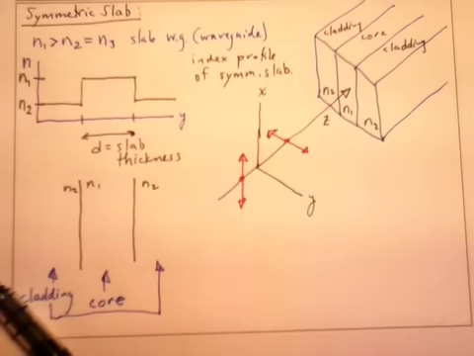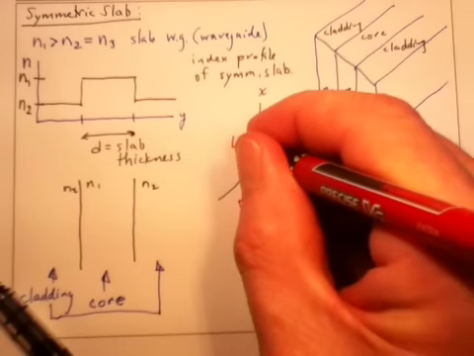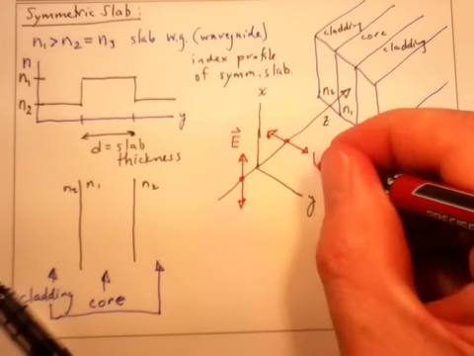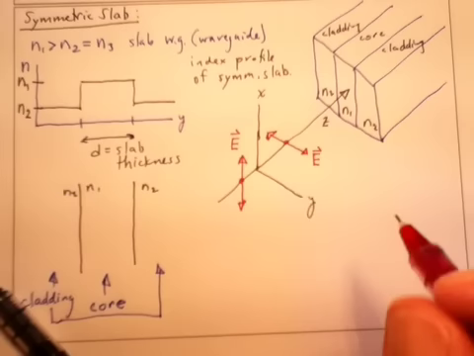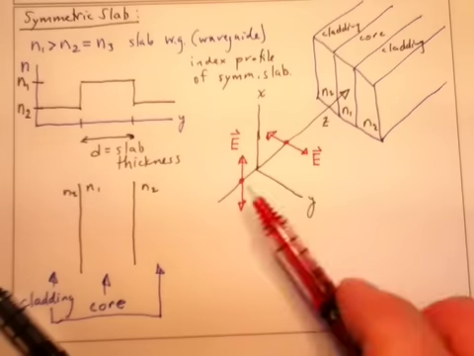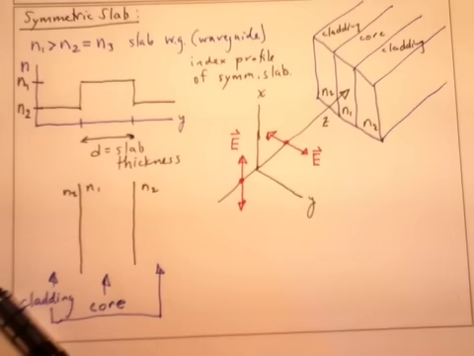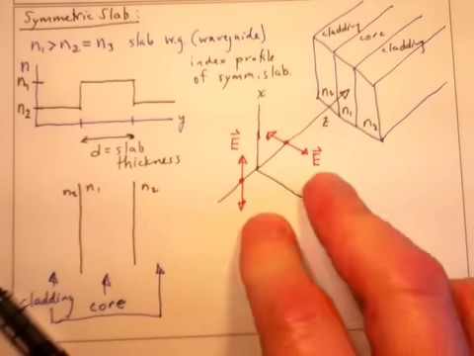What I'm drawing here is the electric field. We could draw the magnetic field, but it's perpendicular to the electric field. We usually characterize our polarization directions by the orientation of the electric field.